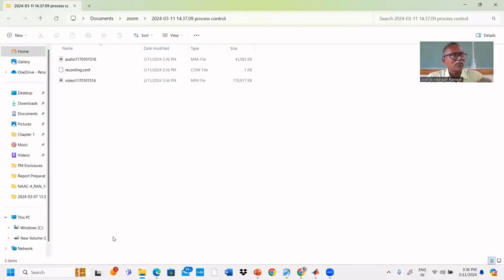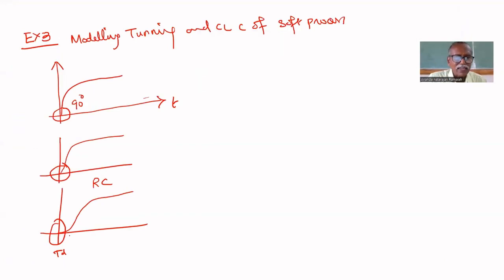That's why it is a 4th order system. First vehicle only first order, second vehicle second order, 4th vehicle 4th order. So there will be a delay that you can understand. That's why you will get a delay here, TD. The time constant is from here to here, that is called 63.2%, the time constant, TP. Gain, you know how to calculate.